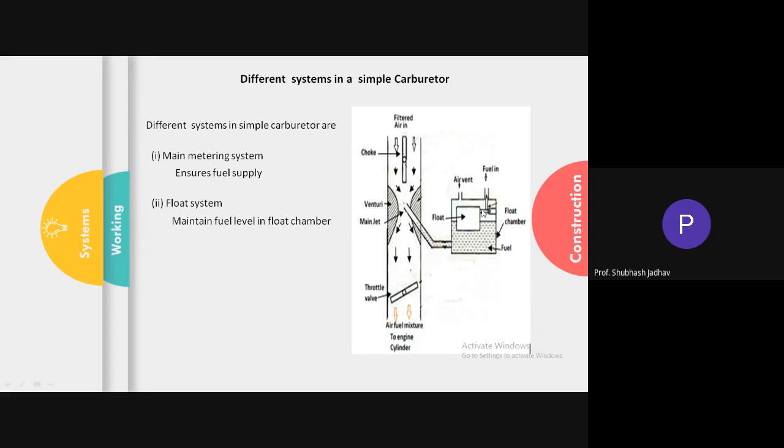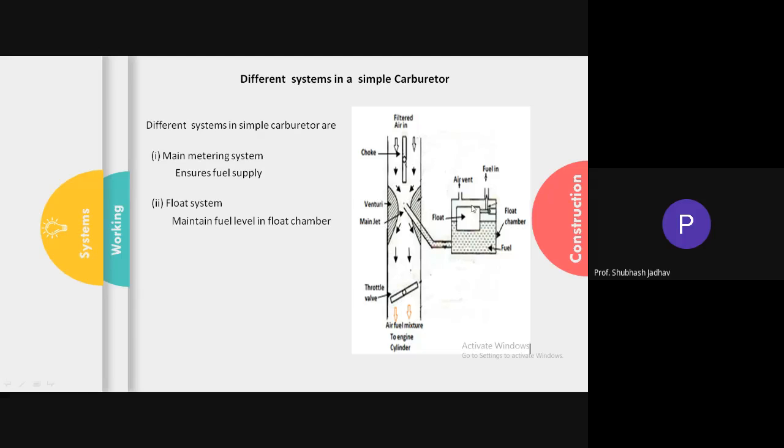Whenever the level of the fuel in the float chamber comes down, the float also goes down along with it. And whenever this float goes down, the needle comes out of the pipeline through which the fuel is coming in, and therefore it allows the fuel to flow into the float chamber.